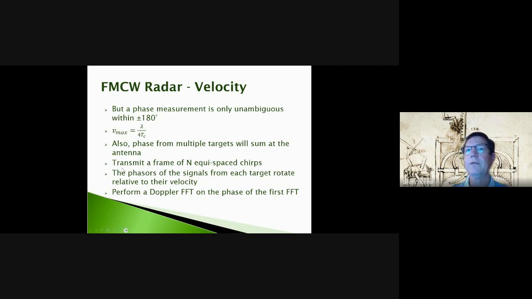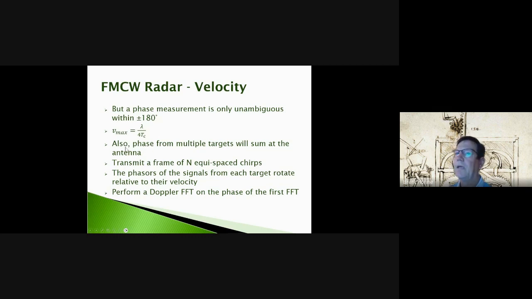So you've got to be able to track vehicles up to a certain max speed. Assuming you're stuck with a particular lambda, that's going to directly determine the length of your chirp, right?